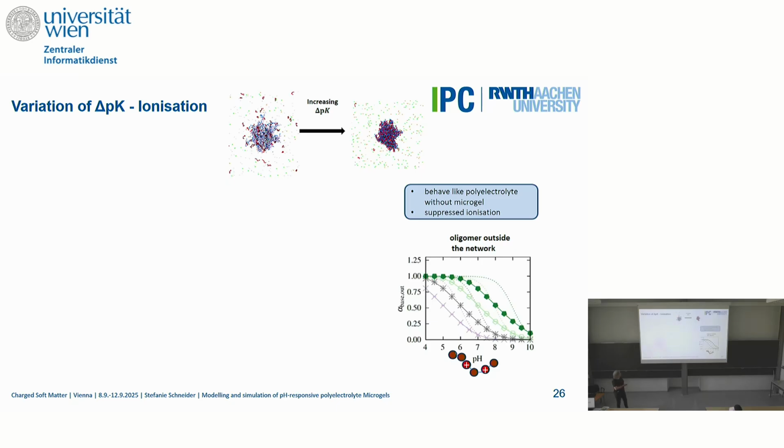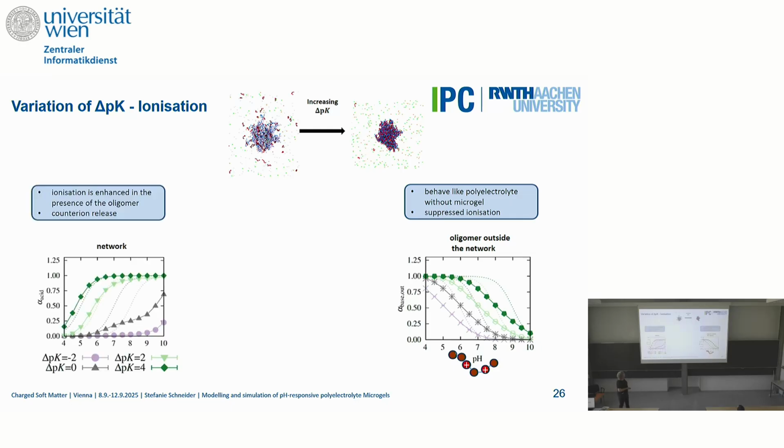And here we need to distinguish between chains which actually stay outside the network and chains which go inside. The chains outside the network just behave like polyelectrolytes, which I told you before, that the degree of ionization is reduced compared to the Henderson-Hasselbalch equation.